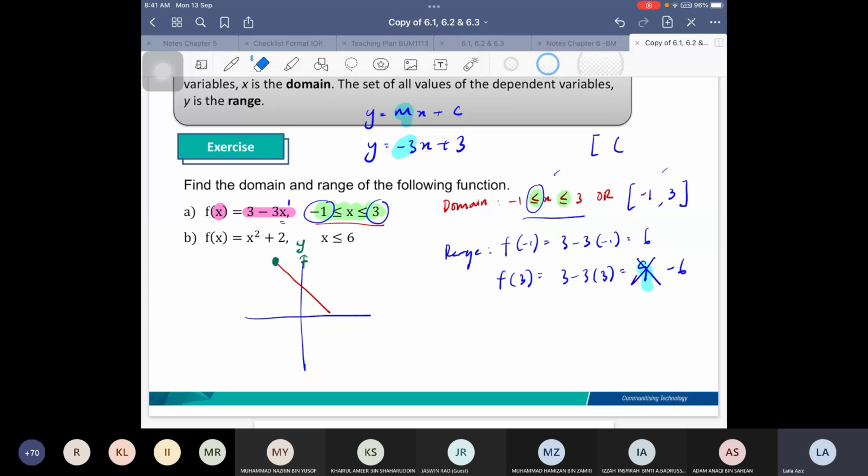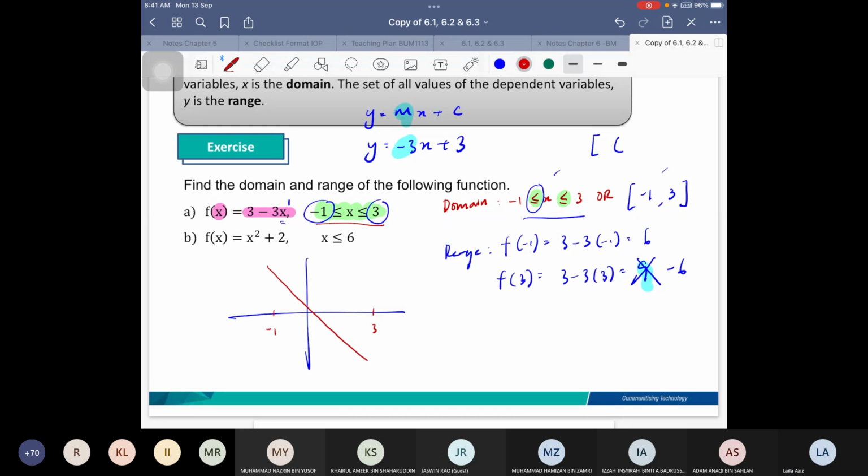So kalau I lukis balik my graph ni. So katakanlah kat sini negatif 1 and somewhere over here is going to be a value of 3. So dia akan jadi macam ni. Okay, so dia akan turun macam tu. So kat sini nilai dia adalah bersamaan dengan it's going to be a value of 6. Kat bawah ni ada value of negative 6.